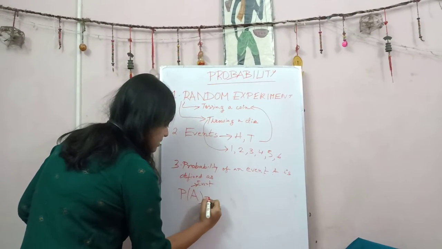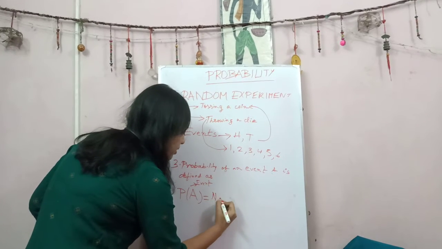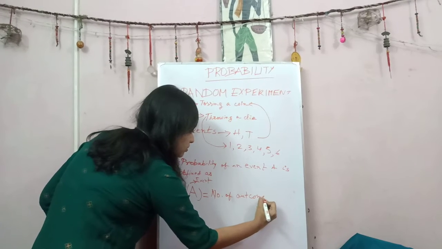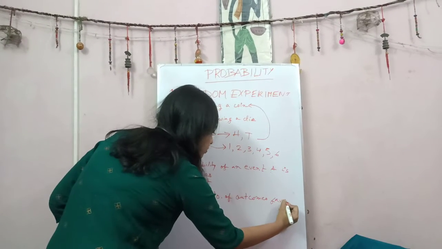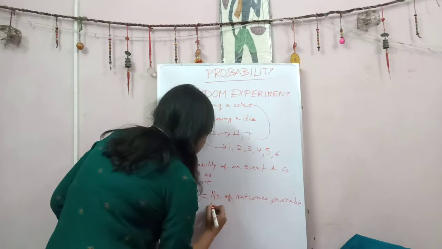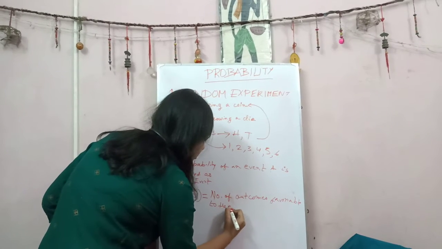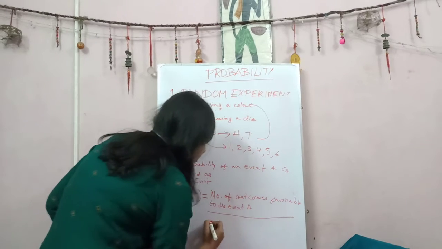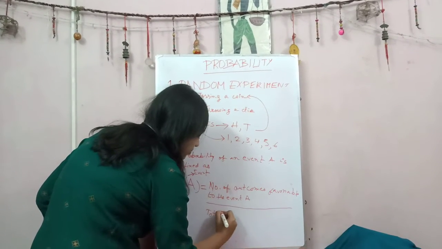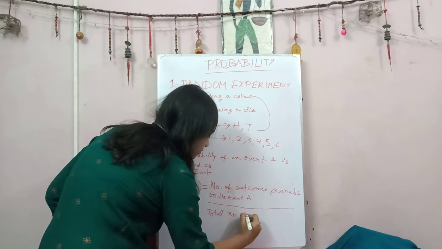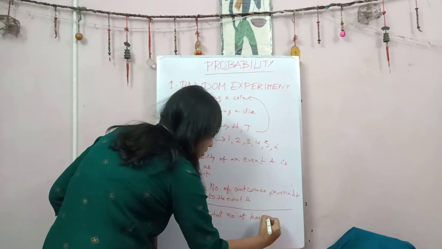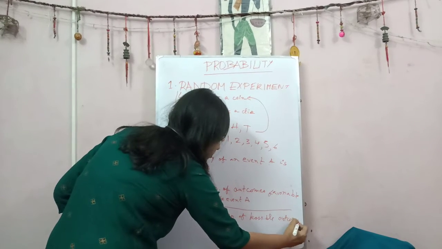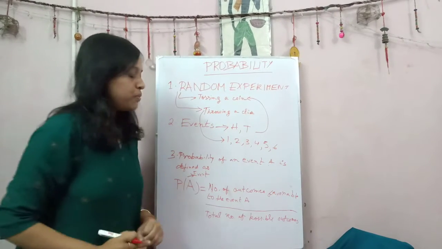So P(A) is equal to the number of outcomes favorable to the event A divided by the total number of possible outcomes. This is the definition of probability.